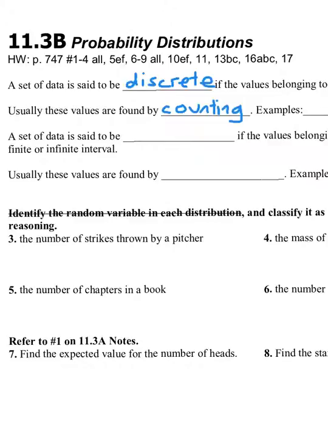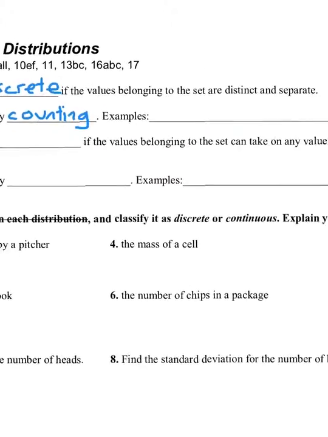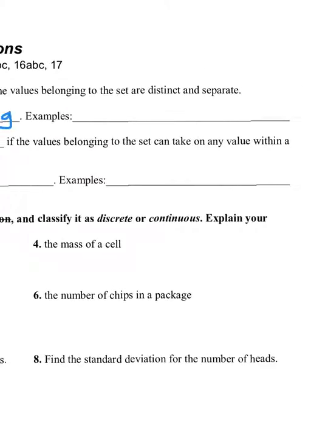So some examples of discrete data are the number of children in a class, another example is shoe sizes.